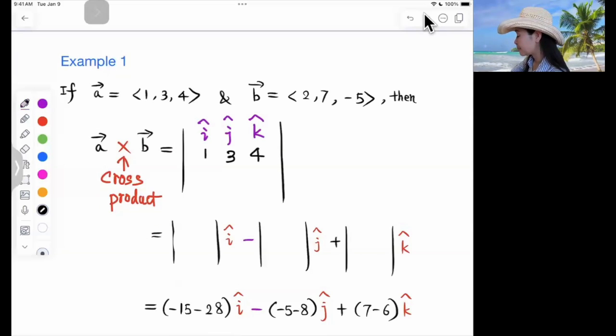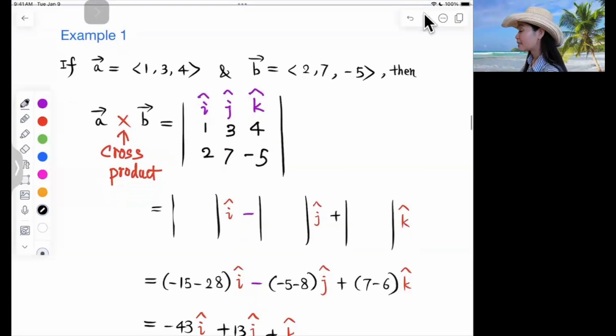And the last one, 2, 7, -5. And then let's expand this. When you expand, remember the sign here has to be plus, minus, plus. So here is a minus. Remember that's a minus. What should we put over here? The I. 3, 4, 7, negative 5. Yes, you got it.